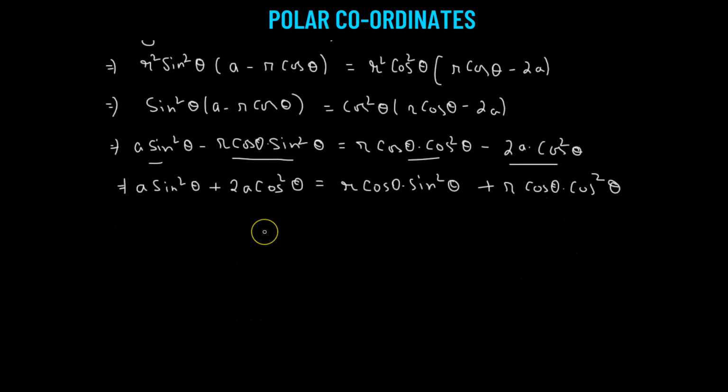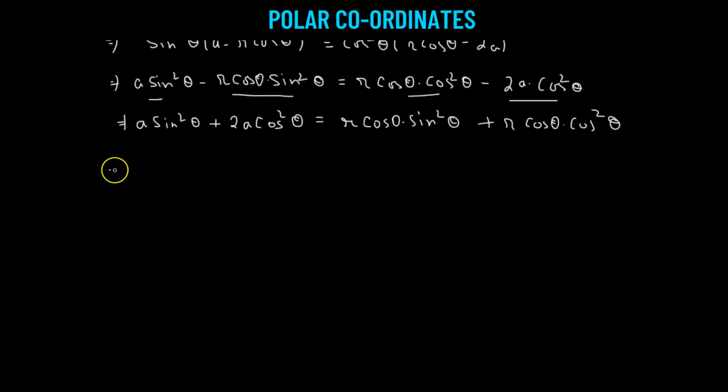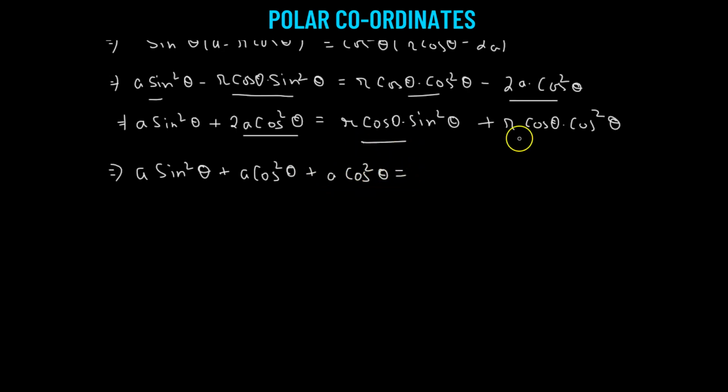Let's further simplify. We're going to use a trick here. We have a sine squared theta, so we'll split it into two parts, a cosine squared theta plus a cosine squared theta. This will equal, taking r cosine theta as a common factor from the two terms, r cosine theta multiplied by (sine squared theta plus cosine squared theta).